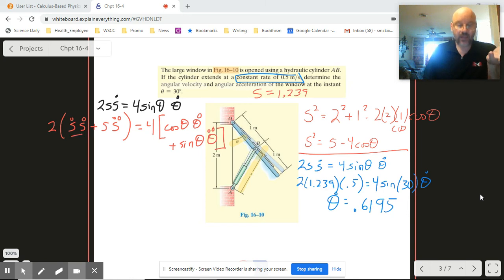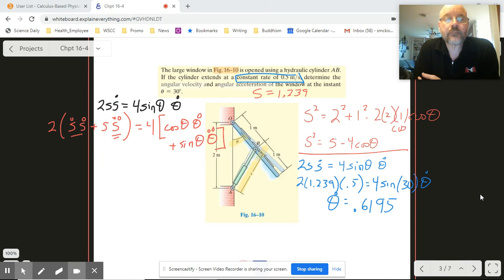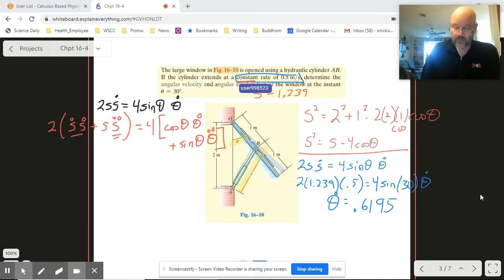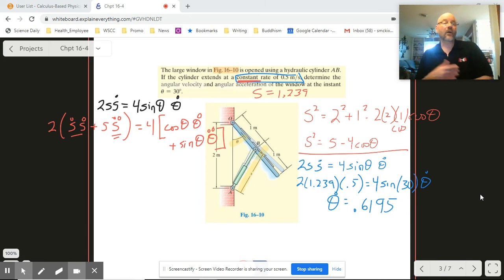That's 0.5. Do we know anything about s double dot? Yeah, actually we do, because they help us out with this and they say it's a constant rate. So it's not accelerating. s is not accelerating. It only has a velocity term. Okay. So consequently, we can toss that term right there. We don't need that guy at all.